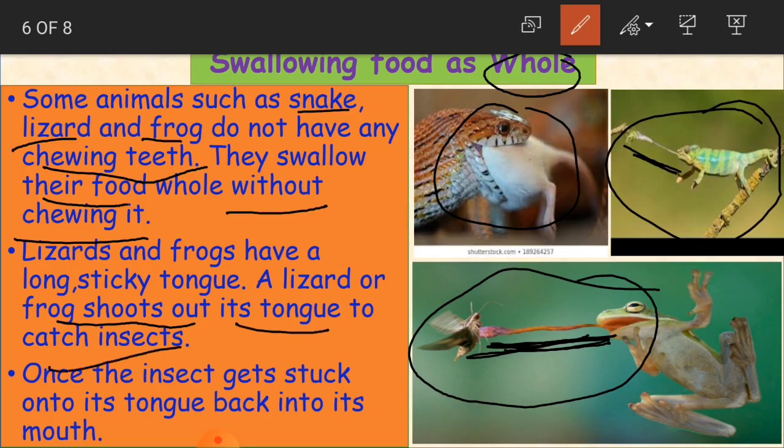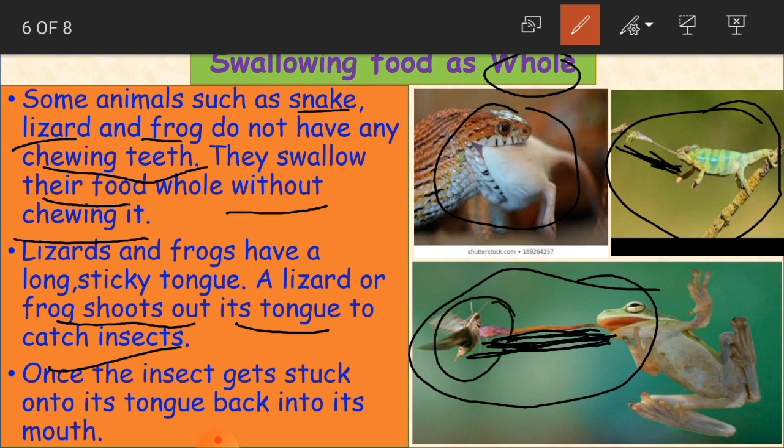See what it is doing here. Here is a frog and this is a lizard, and here is also a lizard type of animal, for example, this is a chameleon. What they are doing is shooting out the tongue, in the sense they send the tongue out to catch the insect.